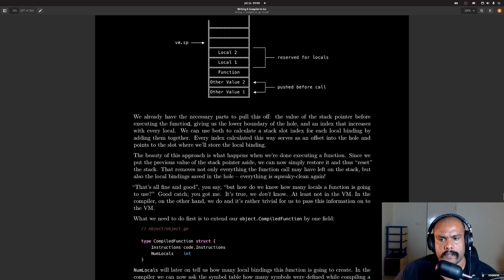Yep, and the index that increases with every local. We can use both to calculate a stack slot index for each local binding by adding them together. Every index calculated this way serves as an offset into the hole and then points to the slot where we'll store the local binding.